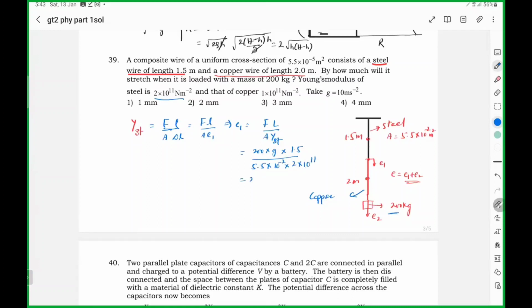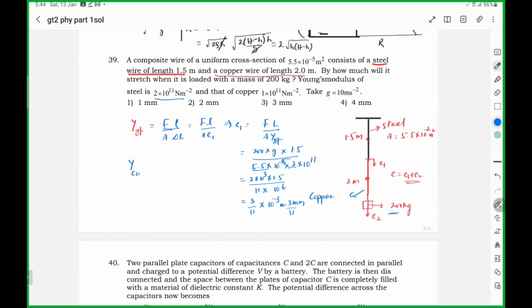So it is 2 into 10 cube into 1.5, over 5.5 into 2, 11. It is 10 power minus 6 into 10 power 11. So 3 by 11 into 10 power minus 3 meters, or 3 mm by 11.